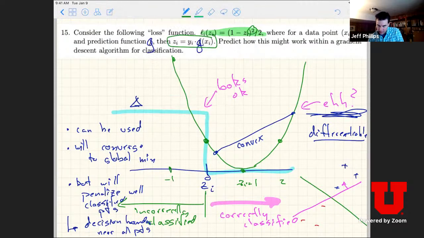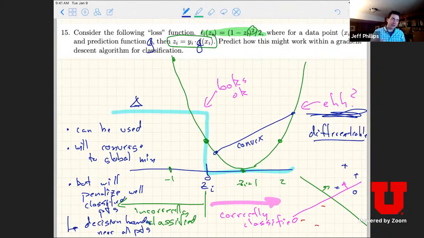It's still probably actually classifying them all correctly, at least in this example, but it's not going to generalize well to new data. If I have a new data point over here, I'd guess it's probably positive, but I would have gotten it wrong, so it won't generalize as well. And it could be that I misclassify even some of the points in the training set when I didn't need to because of this.